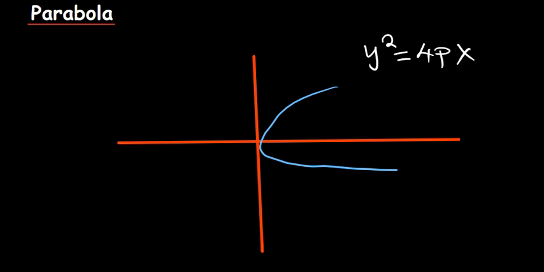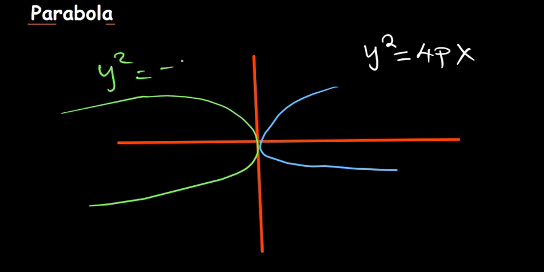So what we've done, we've swapped in the original equation where we said x squared is equal to 4py, we've swapped the y and what? And the x. It's also possible to have it face the other side, and if it does, equally it's negative 4px.